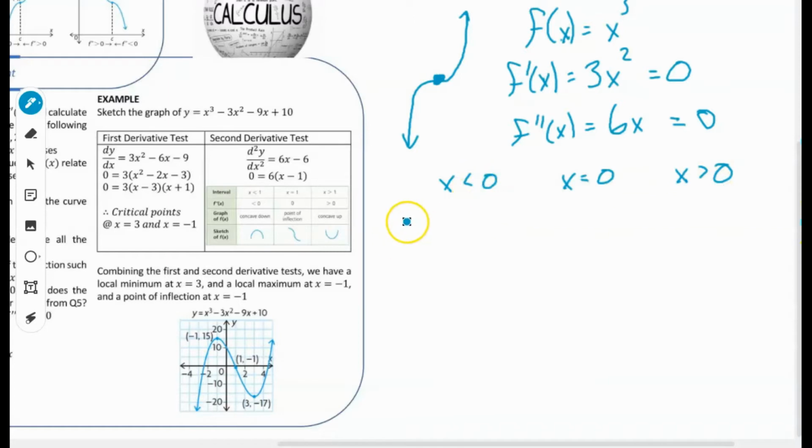Now if x is less than 0, our second derivative is also going to be less than 0. So I'm going to write this. So it's going to be negative. Okay, when x equals 0, our second derivative also equals 0. And when x is greater than 0, our second derivative is also greater than 0.